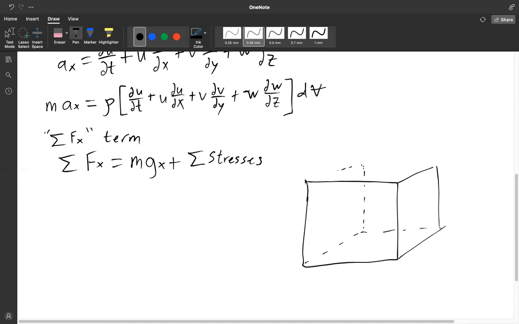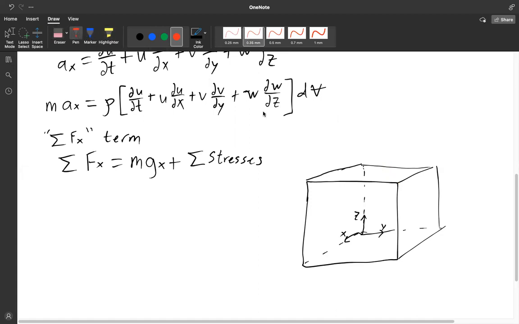Let me draw that a little bit better for you guys. All right, so here is our x, y, and z, and we will draw our free body diagram of the stresses acting on this control volume.